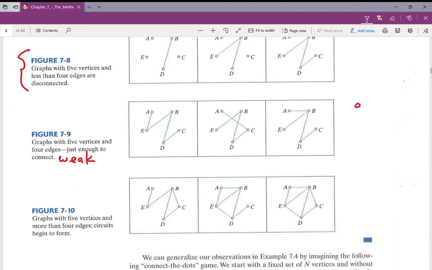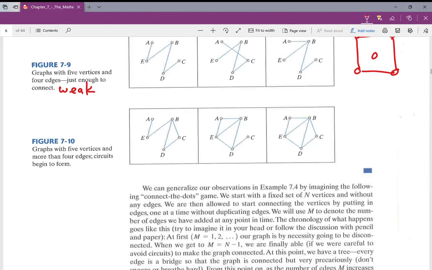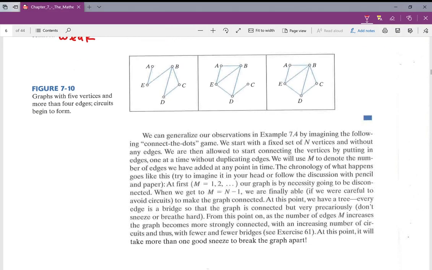Because I can draw 5 vertices and 4 edges, and now it's disconnected. And if we have 5 vertices and more than 4 edges, we see that circuits will always show up, and if there's a circuit, it's not a tree.